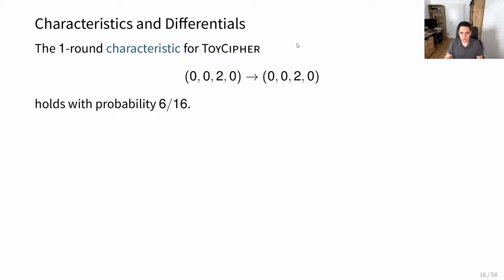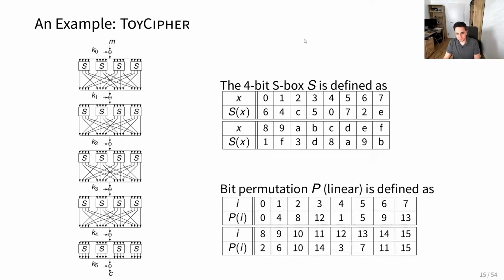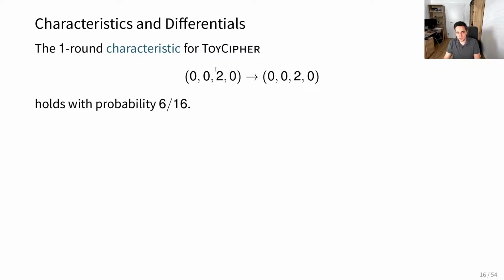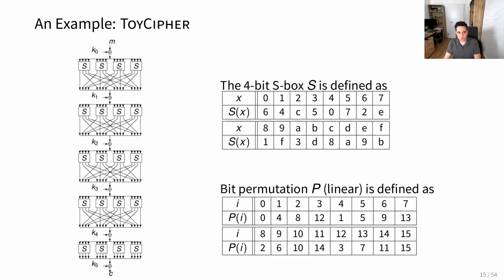And again, you just have to trust me, but essentially, if I build the difference distribution table of this S box, and then together with the bit permutation, I can see the output differences when we focus on this S box here. Basically, this 2 here at the third position means that we have a 2 in this third S box.